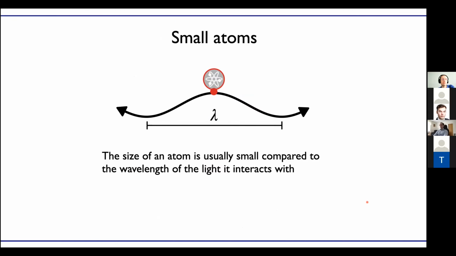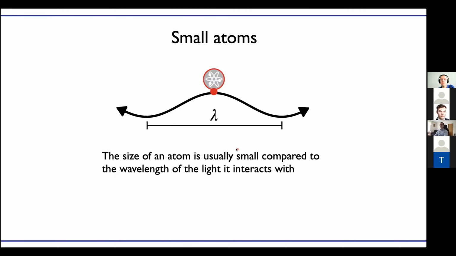To speak about giant atoms and their size, let's first say what is a small atom. Usually in quantum optics, we think of atoms as small. And when we talk about sizes here, small or giant, we need something to compare with, right? What we are comparing the atom size to is the wavelength of the light that the atom is interacting with.